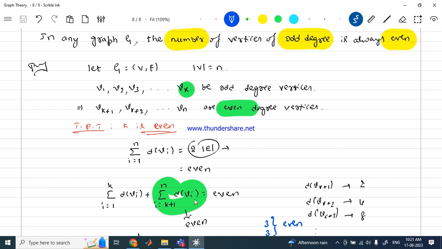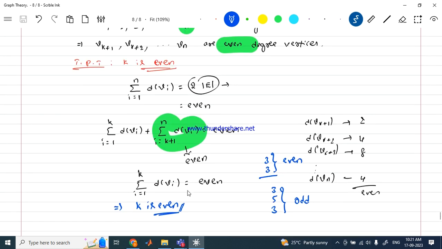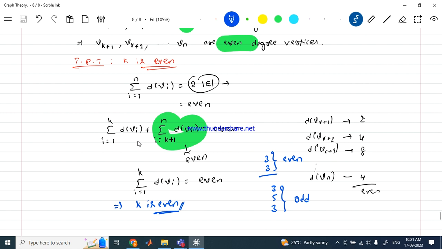Whether we have 2 even numbers or 10 even numbers, or 3 even numbers, it doesn't make any difference. But when we are adding odd numbers, it depends whether the sum is an odd or even number. If k is odd, this becomes odd. If k is even, this sum also becomes even. Since we are saying that the summation should be an even number, that is possible only if k itself is an even number.